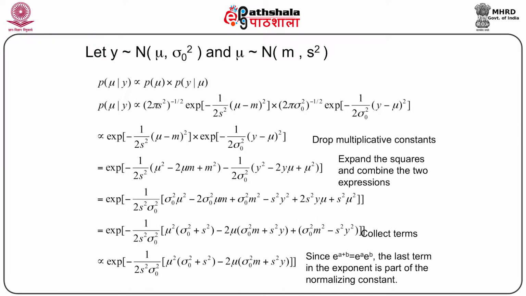Just to start with, let y be normal with mean mu and variance sigma 0 square, and for the prior we choose mu to be normal with mean m and variance s square. In that case, one can show that the posterior distribution of mu given y is proportional to the prior of mu times the likelihood of y given mu.